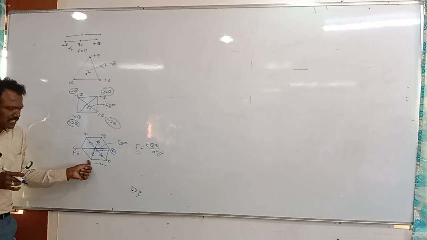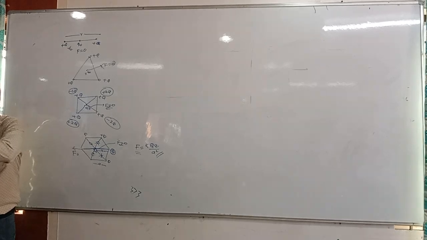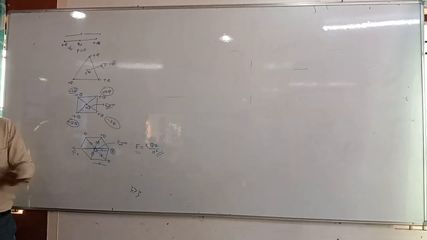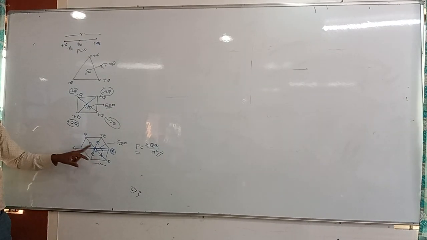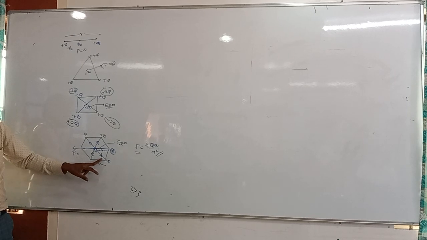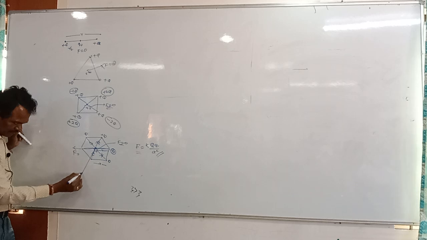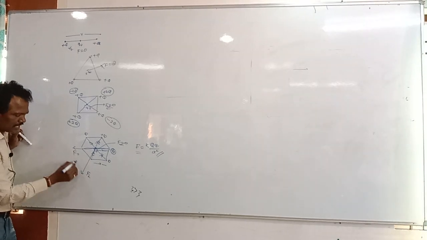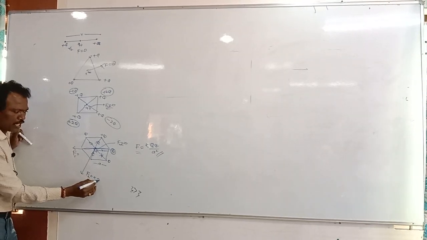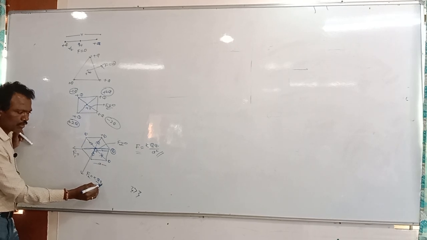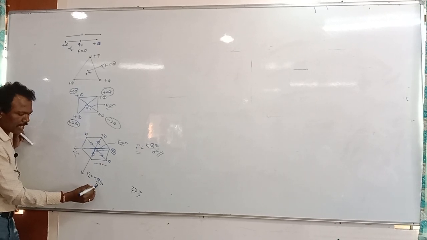Suppose two charges are not there and only four charges are there. Then the two equal opposite charges cancel each other, and another force remains, equal to K Q naught divided by A square.